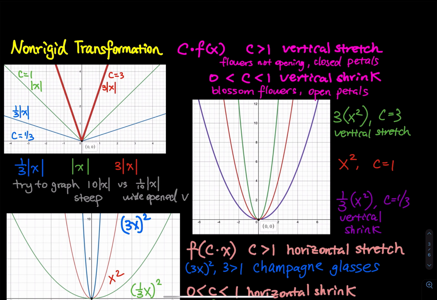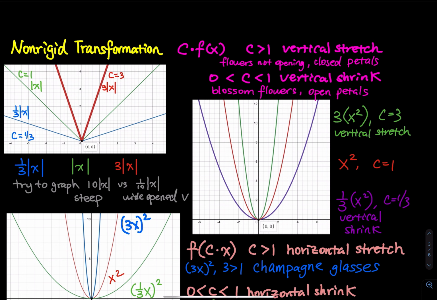On your paper, you can change the 1/3 to 1/13 or 1/9 or 1/10. That should give you a very clear contrast between 3 times absolute value of x and 1/10 or 1/13 times absolute value of x. Change the numbers a little bit. Don't just take what I gave you.